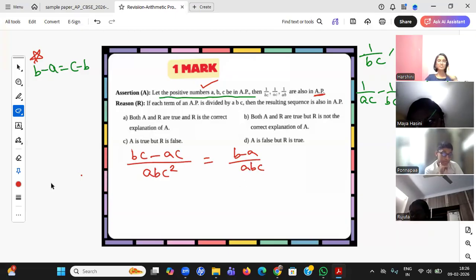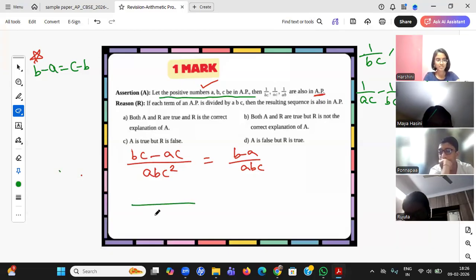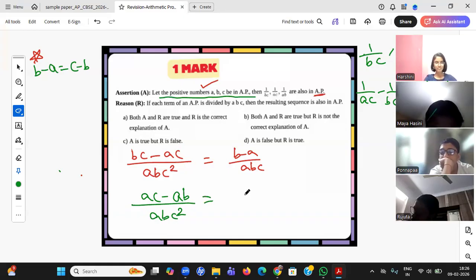Let me take the right side now. The right side LCM is again ABC square. BC minus AC, right? Yeah, AC minus AB, which is nothing but C minus B by ABC.